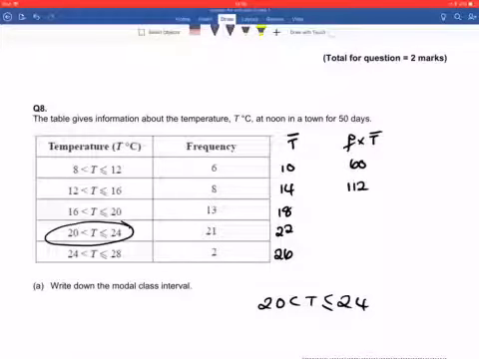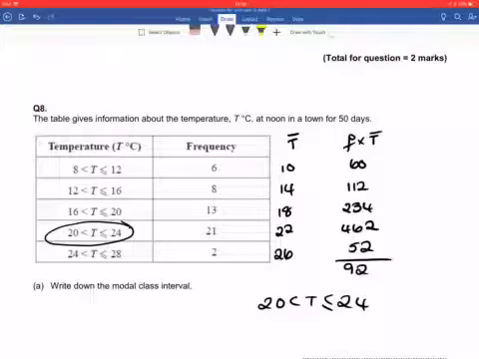Well, 13 times 18 is 234. 21 times 22, 462. 2 times 26, 52. And add them together. So 60 plus 112 plus 234 plus 462 plus 52 equals 920.